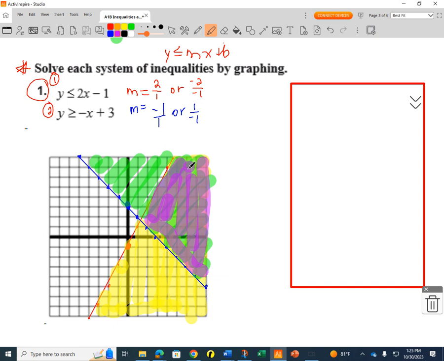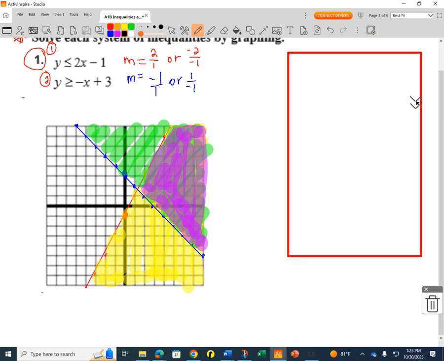Coordinate plane, so any point in this section, and any point on either line from here up or here down, that is part of our solution. So if we're picking a specific solution out of this point, I'm going to say 5, 1.